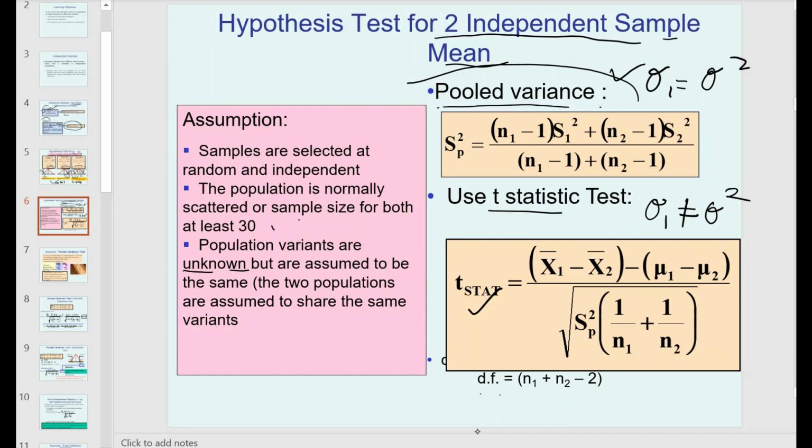But for this one, because we have two samples here, you have different n values for sample 1 and sample 2, right? So your degree of freedom will be n1 for sample 1 plus n2 for sample 2 minus 2. Then only you'll get your DF, or degree of freedom, for these two sample means.